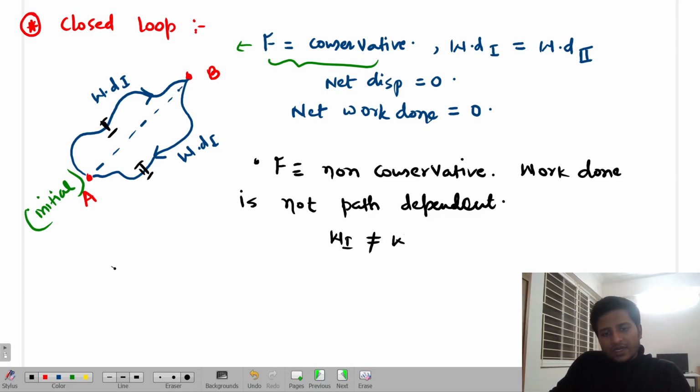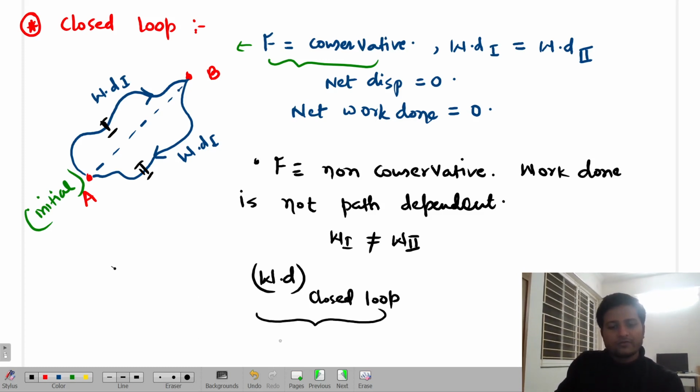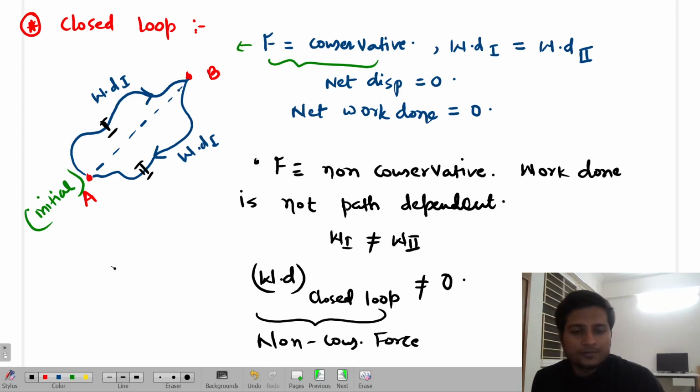And since the work done is dependent upon path for non-conservative force, it will not depend upon initial and final point. So work done in the closed loop for which kind of forces? Non-conservative forces will never be equal to how much? Zero. Are you able to get me or not?